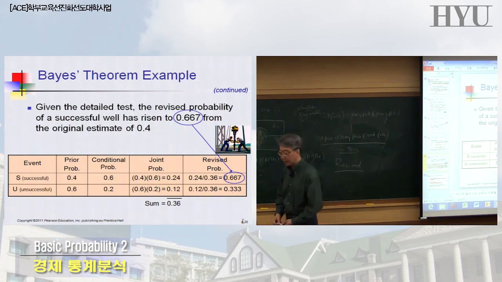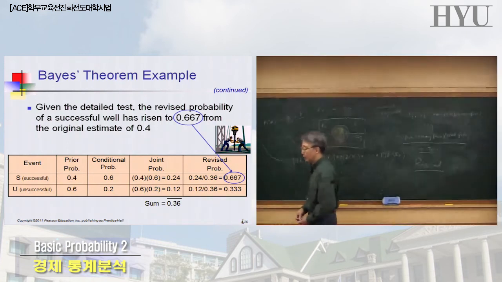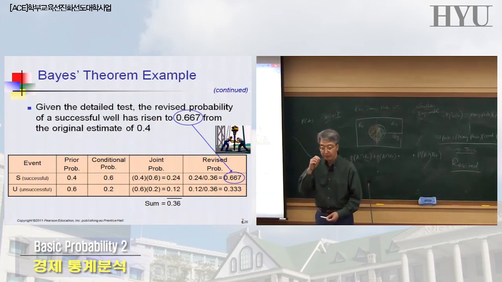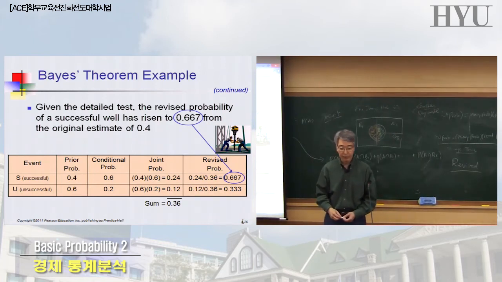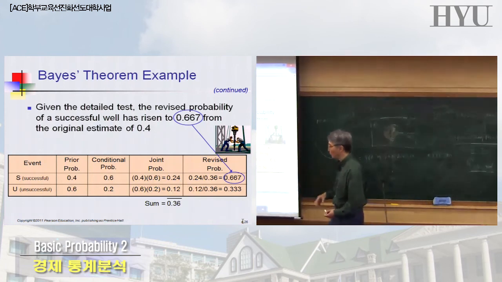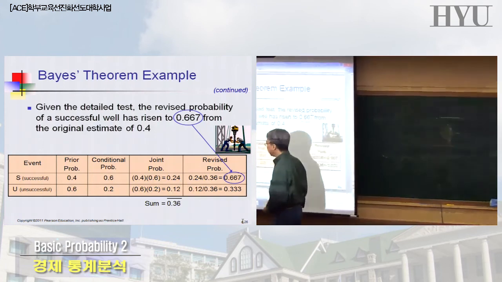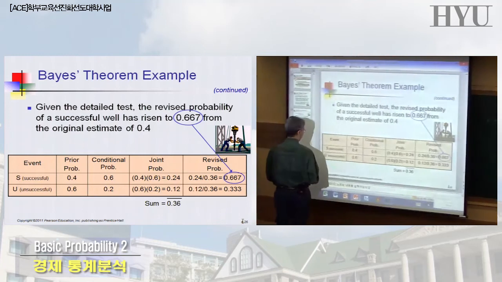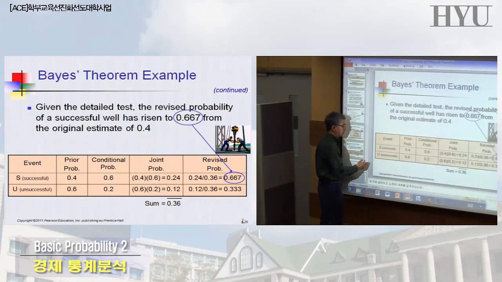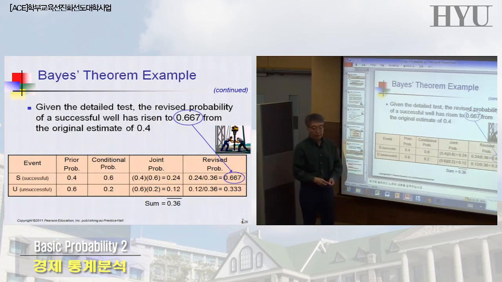This is a lot easier, and it reduces the possibility of committing an error if you use this tabular approach. Okay? So first you list two different possibilities, or sometimes multiple possibilities. You can have many different possibilities.